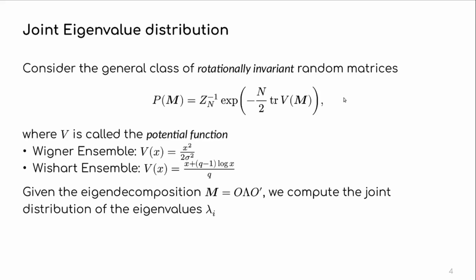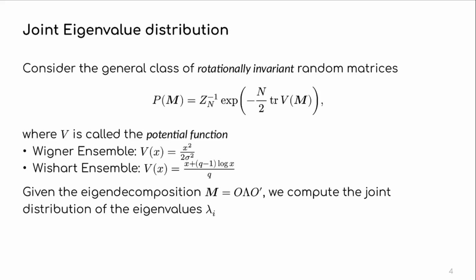It's actually fairly easy to compute the joint eigenvalue distribution, at least in the case of rotationally invariant random matrices. Remember, those are the matrices that had boring eigenvectors, in the sense that the set of eigenvectors is uniformly distributed, so there's not much point in looking there.